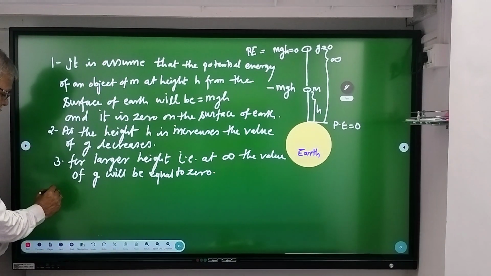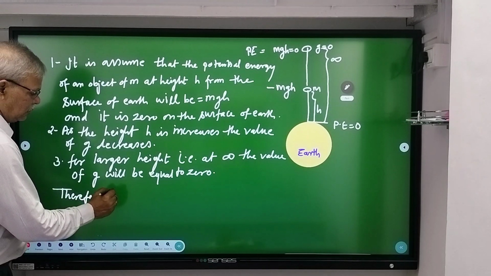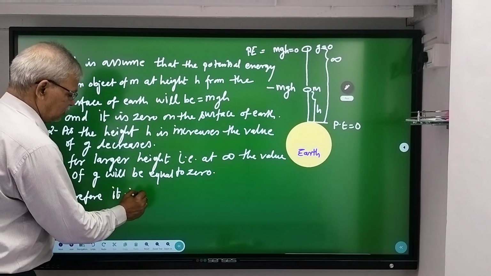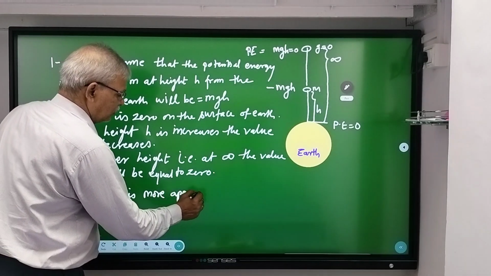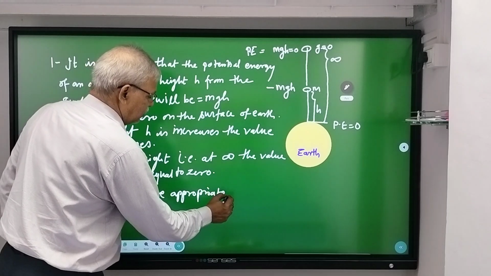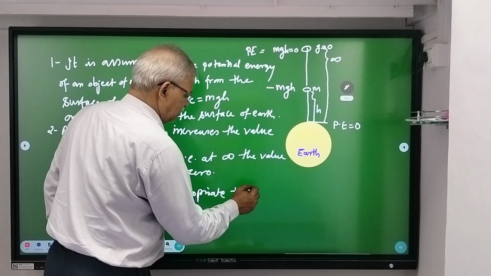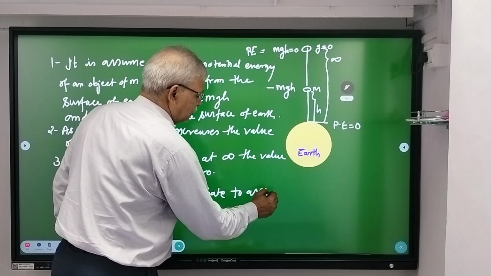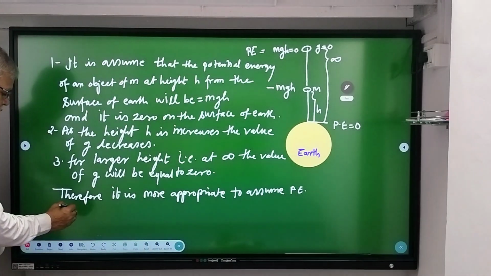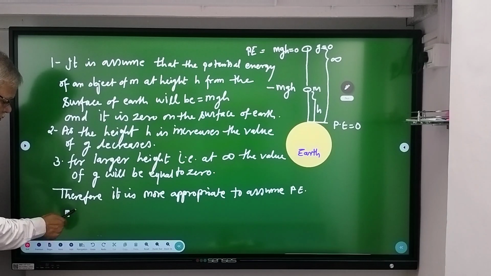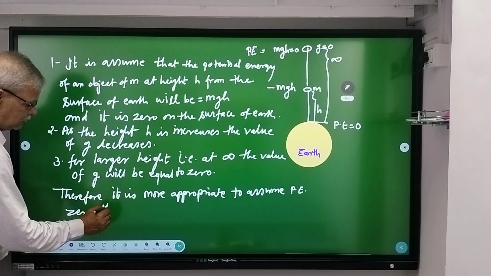Therefore, it is more appropriate to assume potential energy zero there.